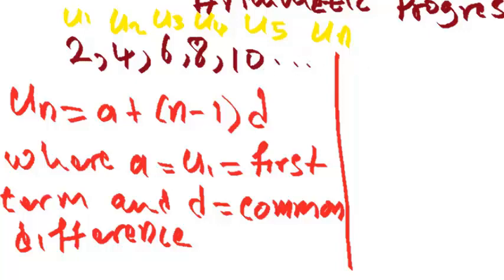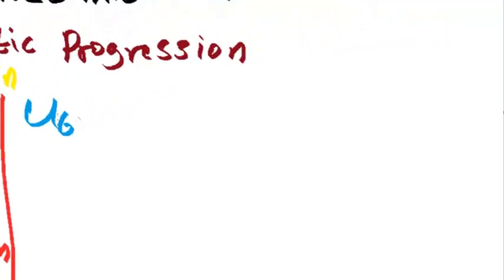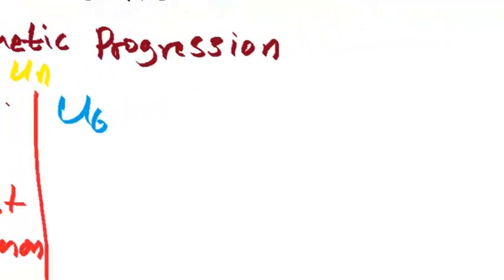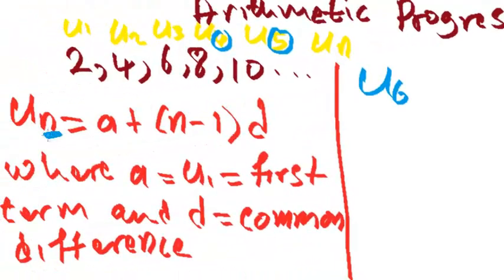Here is 5 for U5, the fifth term, and 4 represents the fourth term. Then we have 3. So that means the sixth term is going to be written as U6, and that 6 is the n here.